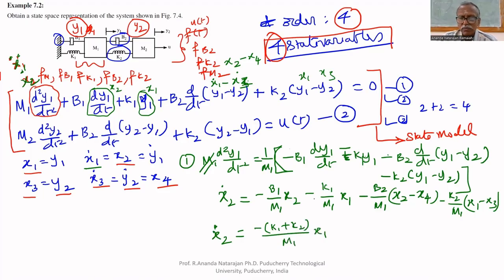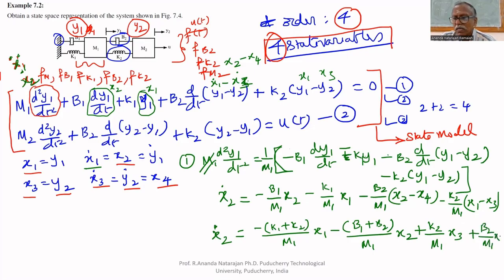All x1s are grouped. Group all x2s, minus (b1 plus b2) upon m1 multiplied by x2. Group all x3 together, plus k2 by m1 x3. Group all x4 together, plus b2 by m1 x4.